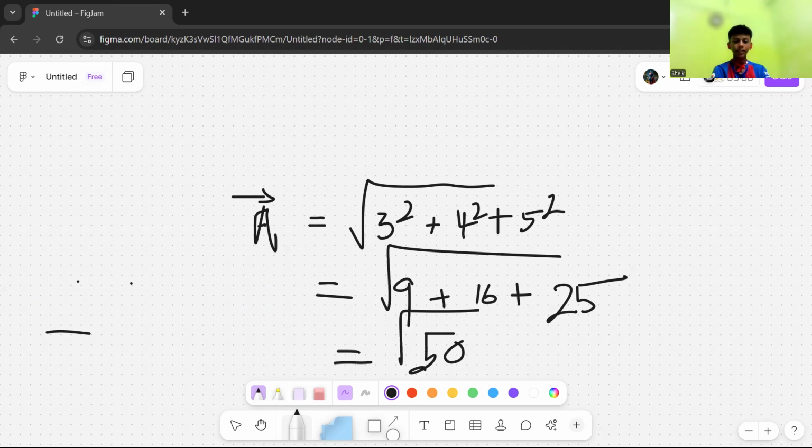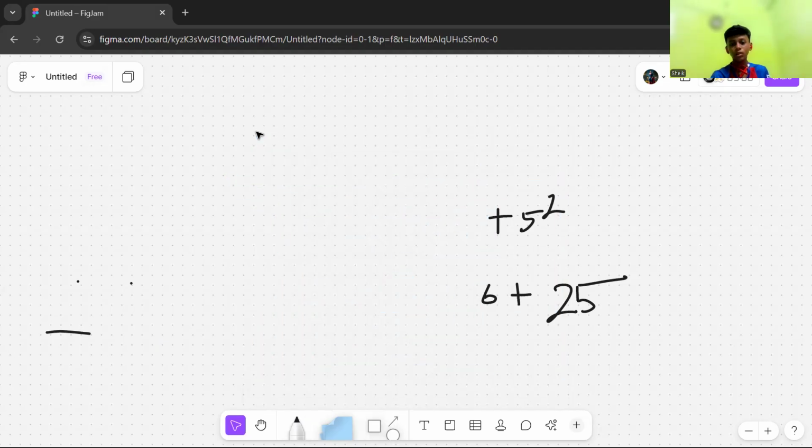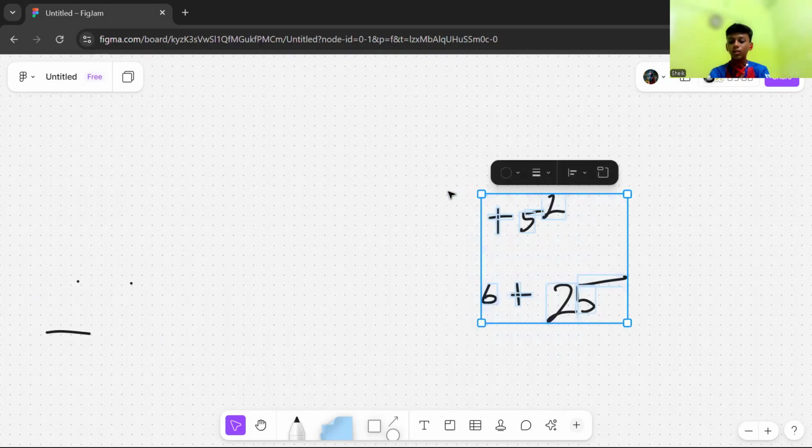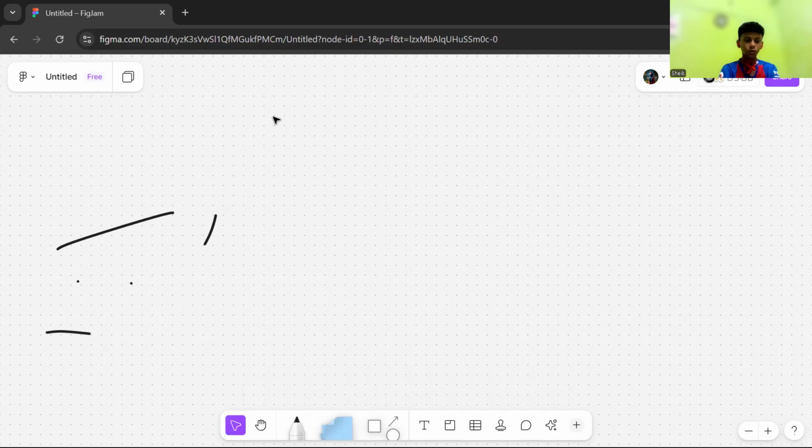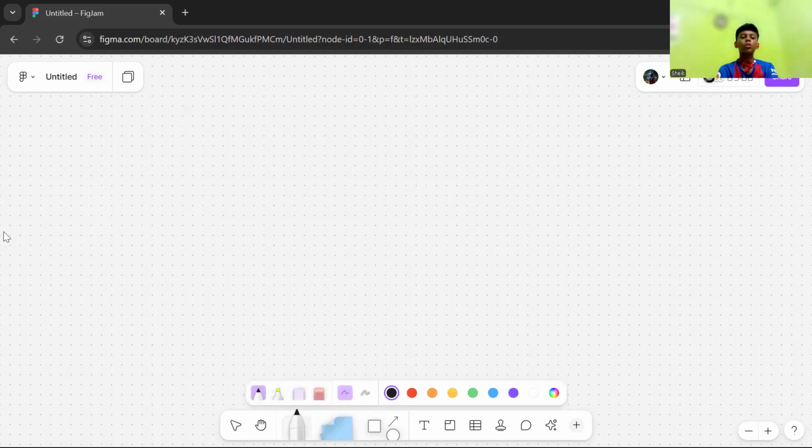Now I will take another example which we can find. We will take 3 and 4. So I value is 3, 3i, and make sure to put a cap on i, plus 4j.